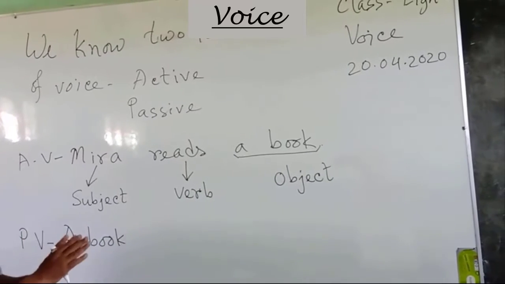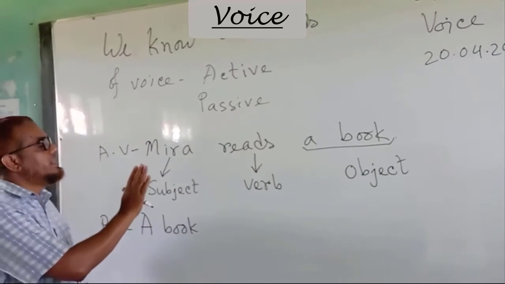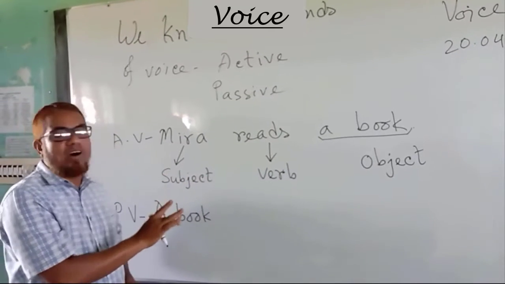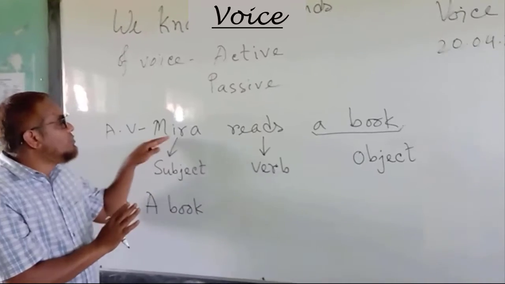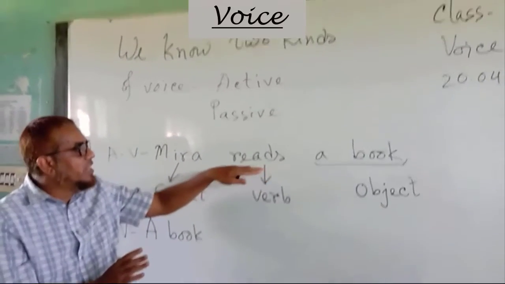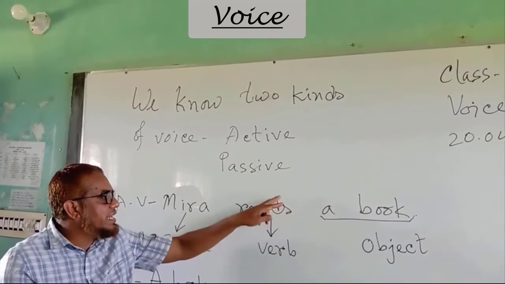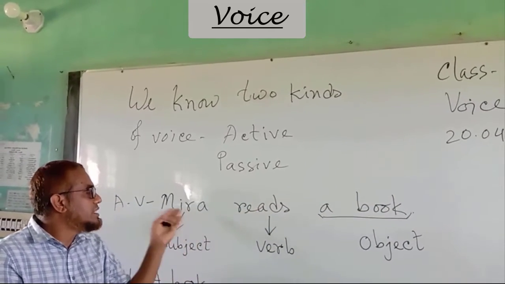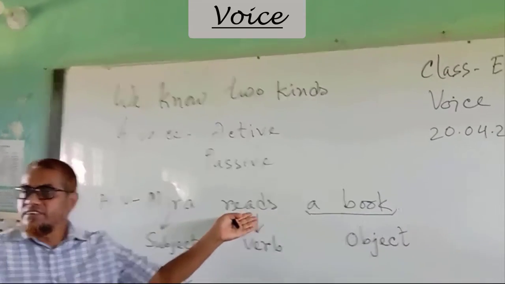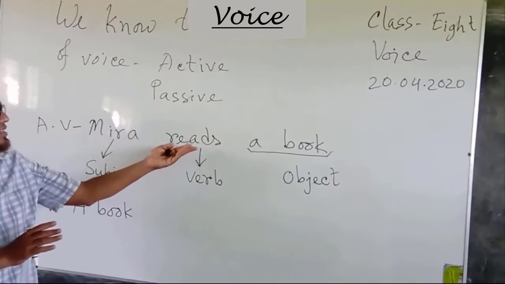Then we have to put an auxiliary verb according to the tense, number, person, etc. Mira reads a book. Here, Mira reads. There's an S with read. So, we can tell it is present indefinite tense.